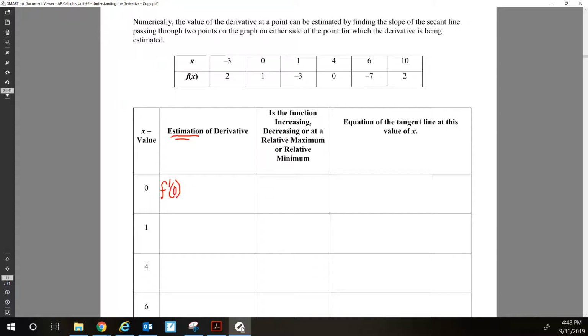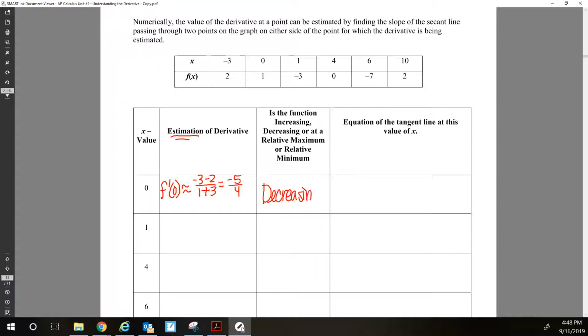So f prime at 0 is approximately equal to this y minus this y over this x minus this x, right? So negative 3 minus 2 over 1 minus negative 3. That would be negative 5/4. Well, if our derivative is negative, are we increasing, decreasing, max or min? Hopefully you just said decreasing.